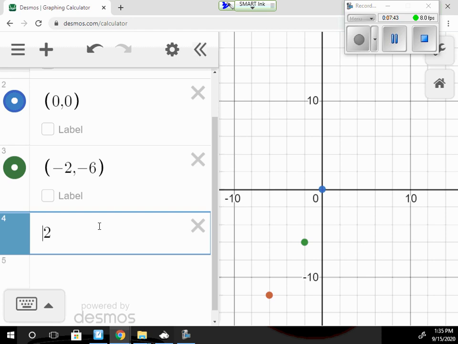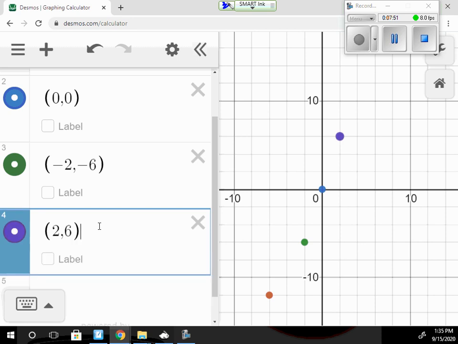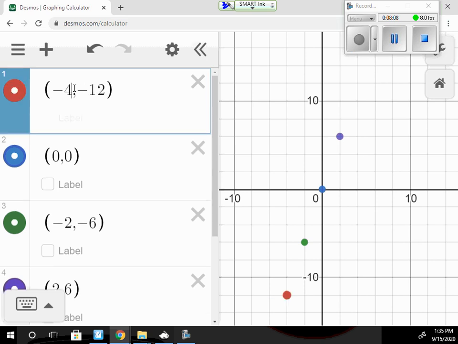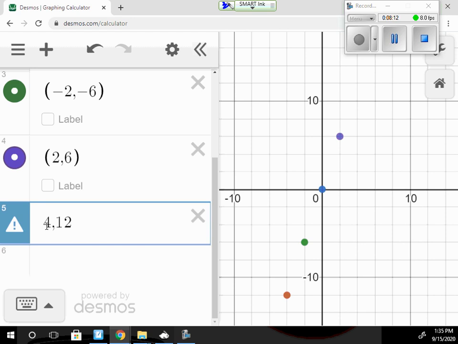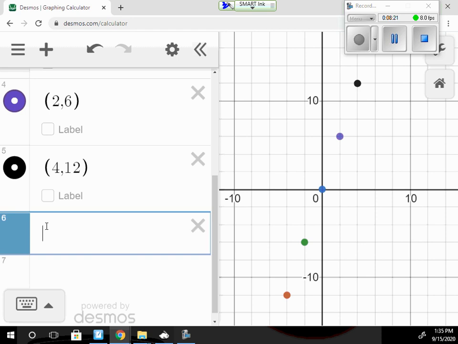And then 2, 6. And 4, 12. That one had been negative 4. And this is 4, 12. Sorry about that.